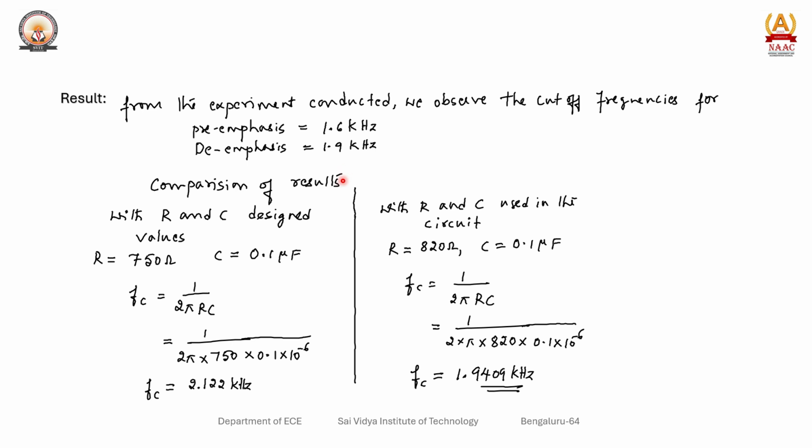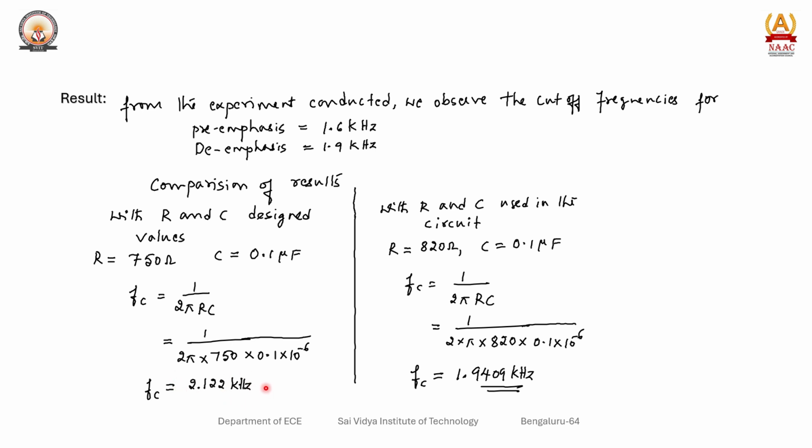How to verify this? We consider the values of R and C for our design. We assumed for our design C is equal to 0.1 microfarad, and the time constant T is equal to 75 microseconds. If I substitute R and C values in the cutoff frequency expression, Fc is equal to 1 by 2 pi RC, I get 2.122 kilohertz.